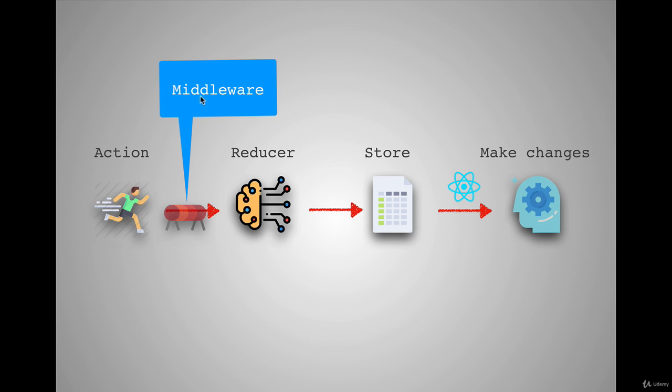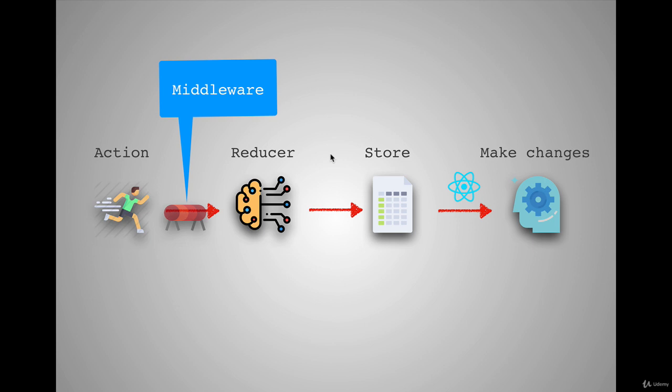It simply listens for actions, and it's a tunnel that actions go through, and depending on what the middleware is, it can modify the action or trigger another action. So they're like triggers that actions go through and something happens within this blue box before it hits the reducer.